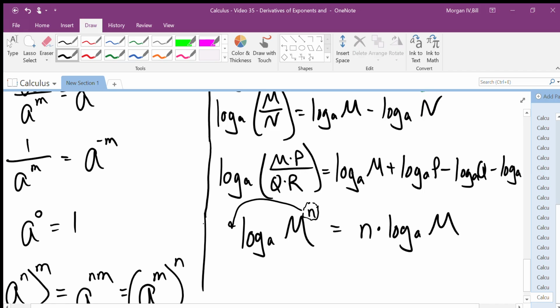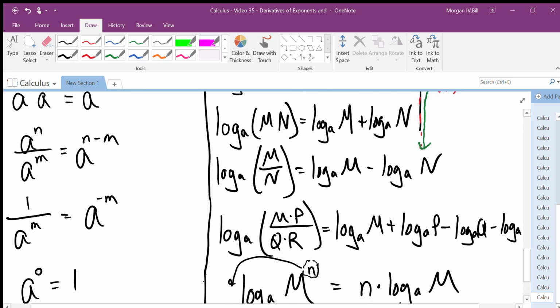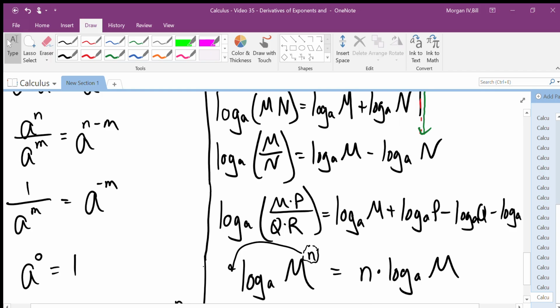This is one of the properties we're going to use in just a minute to prove the derivative of 2 to the x. So we need to know this one. And this property is really a repeat of property number 2, where in m to the power of n, let's pretend n is 2, like m squared. M squared is the same thing as m times m. And so you have 2 m's multiplied, which means you can separate them as 2 logarithms added.